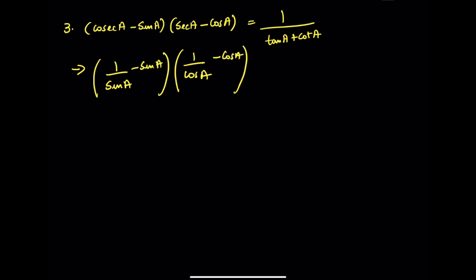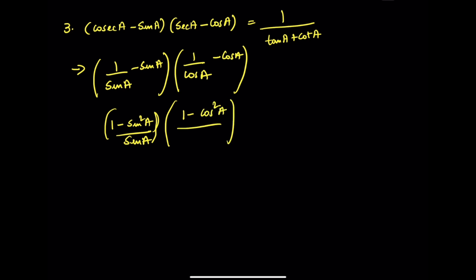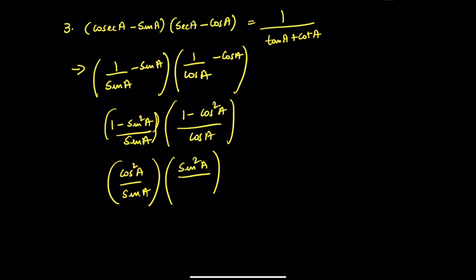So if we solve for the common denominator, we would get (1 minus sin square A) divided by sin A, times (1 minus cos square A) by cos A. Now if we apply the trigonometric identity sin square A plus cos square A is equal to 1, we can replace 1 minus sin square A as cos square A, and in the next part we can replace 1 minus cos square A with sin square A. Now what we would get is sin A cos A would be the value here.